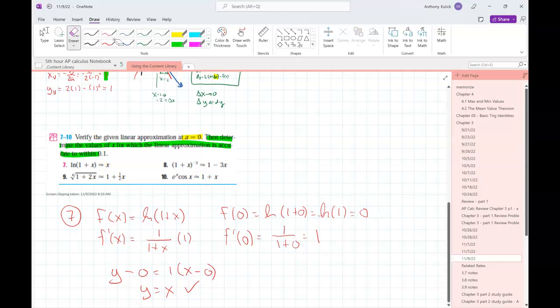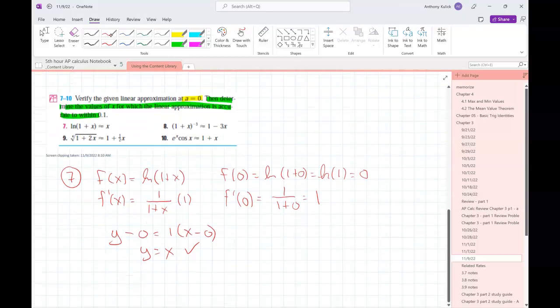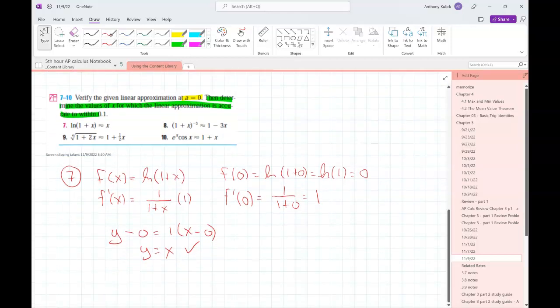All right. Now we have to do the part in green. It says to determine the values of x for which the linear approximation is accurate within 0.1.